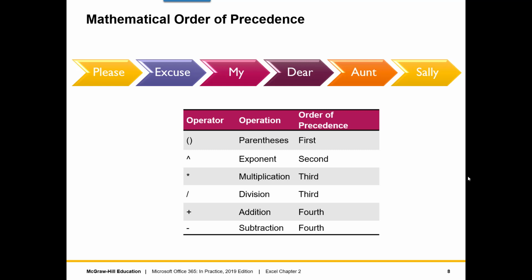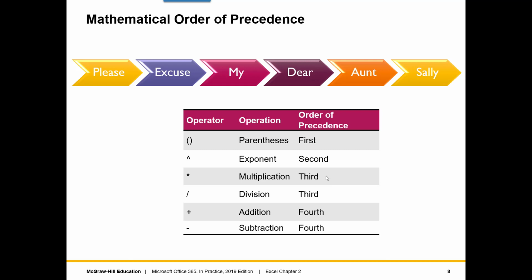It'll go through the formula and look for exponentials, right? So did you square something? Did you cube something? It'll come back after that pass and look a third time, and it'll look for multiplication and division at the same time. Those are reciprocal operations, so whether you multiply or divide first, you're going to end up with the same answer.